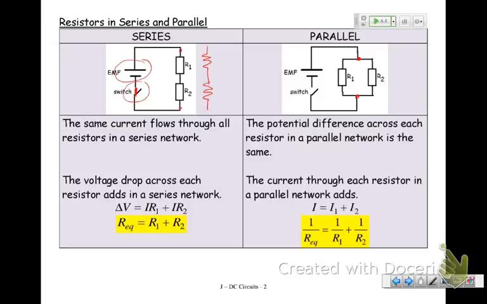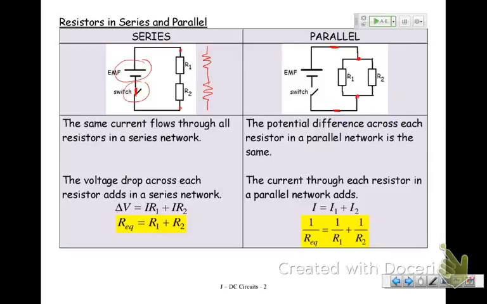If we compare that with the parallel, we have a junction here and a junction there. And what's happening is that the current is splitting. In splitting, some of the current goes one way and some goes the other way. But the current at the top is the same as the current at the bottom, which is the same as the total current passing through the two resistors.